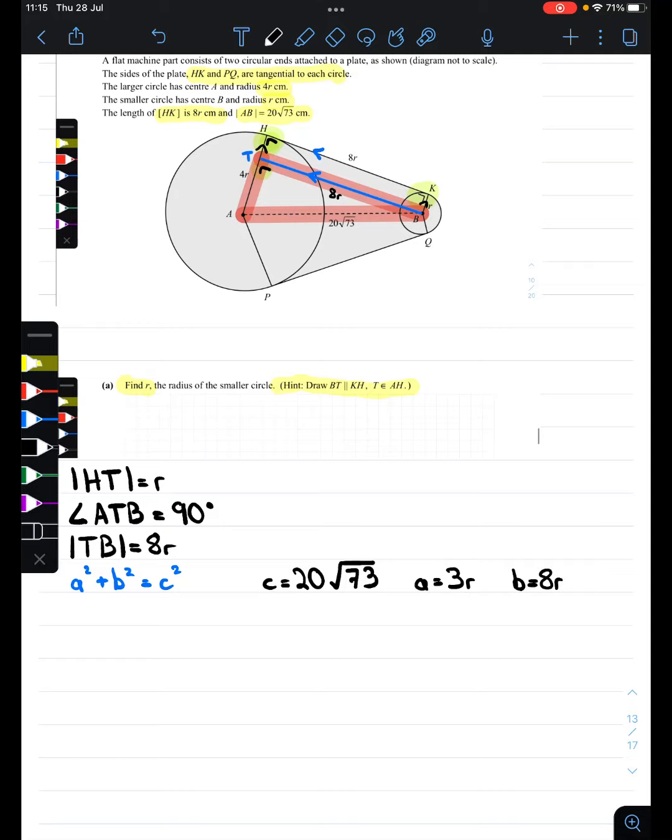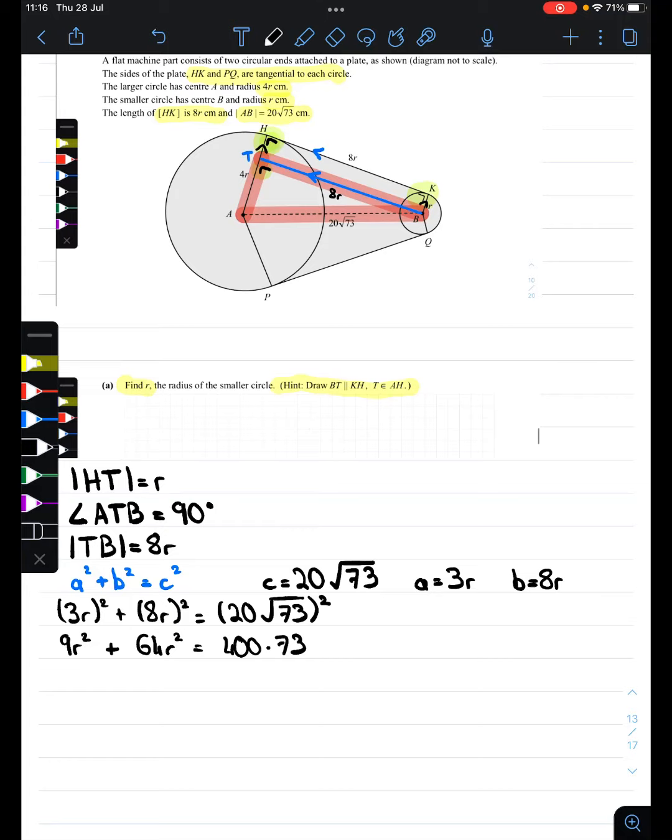Okay, so if we plug this in, we'll get (3r) squared plus (8r) squared equals (20 root 73) squared. So we get 9r squared plus 64r squared equals 20 squared times 73.